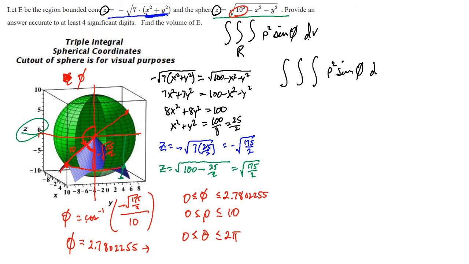So we could do a d phi, where phi goes from 0 to 2.78. We can do a d rho, where rho goes from 0 to 10. And then we can do a d theta, where theta goes from 0 to 2 pi.